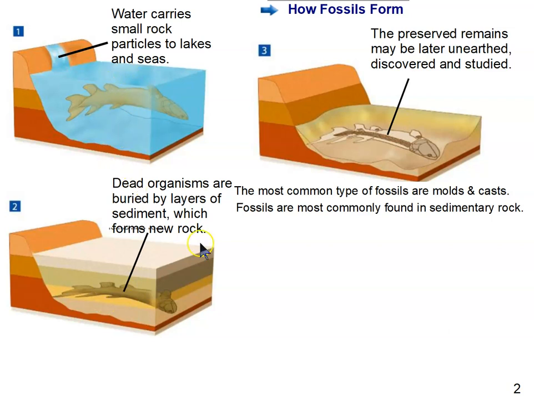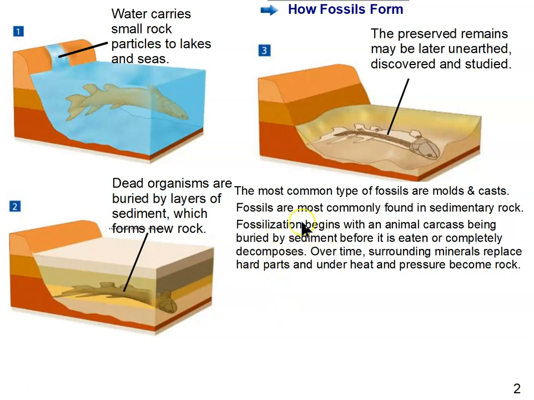And sedimentary rock most often forms in aquatic environments, water, because particles will wash into that aquatic environment, a stream or a lake or a pond, and that sediment will then settle to the bottom and build up over time, layer after layer after layer. And that eventually forms sedimentary rock. After it builds up layer after layer, that applies pressure, and then heat will turn it into sedimentary rock.